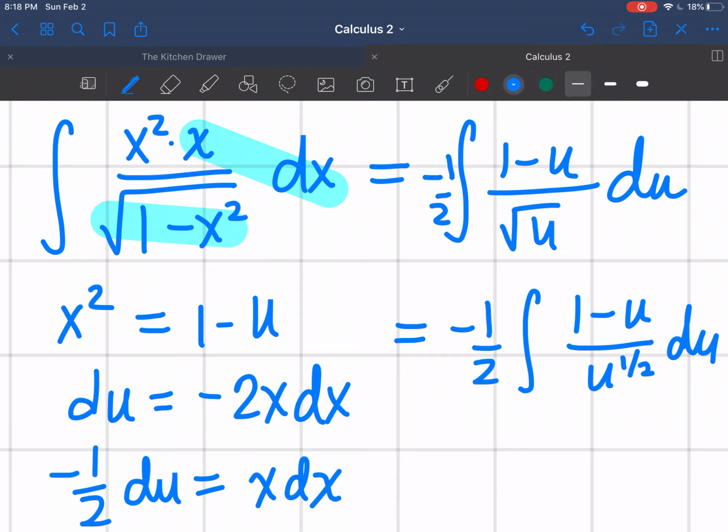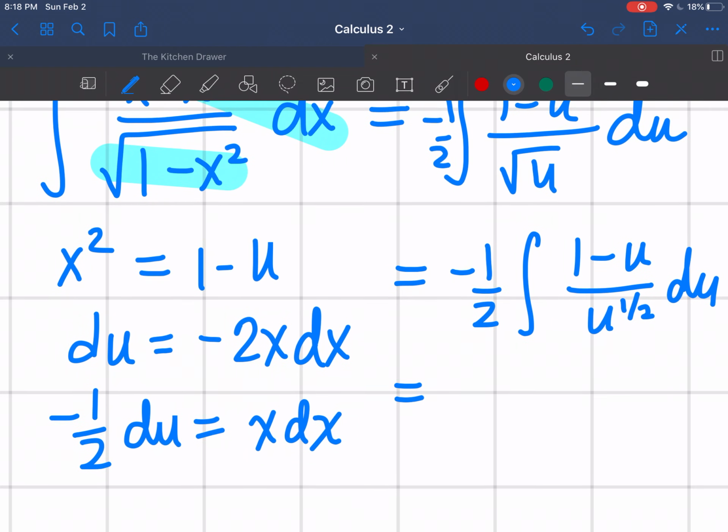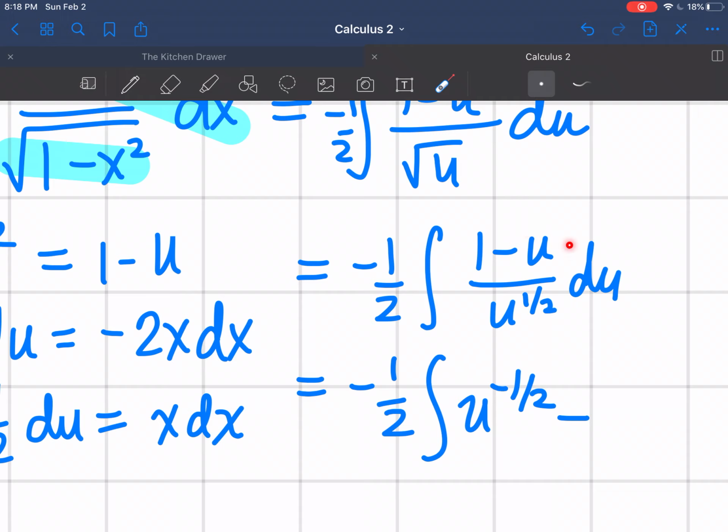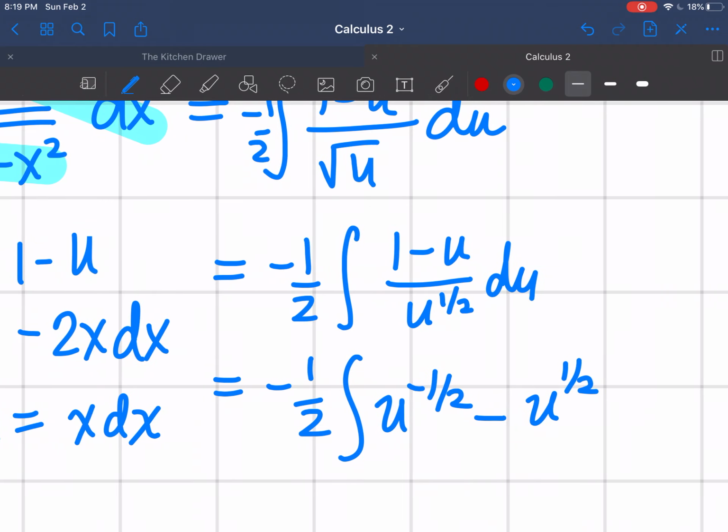And so that's going to simplify. We're going to get minus 1/2 integral of u to the negative 1/2, and that comes from rewriting 1 over u to the 1/2 as a power of u, minus, and then u over u to the 1/2 ends up being u to the positive 1/2, because those powers subtract, and then you have your du.